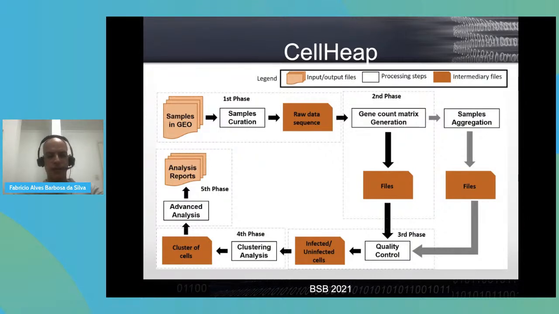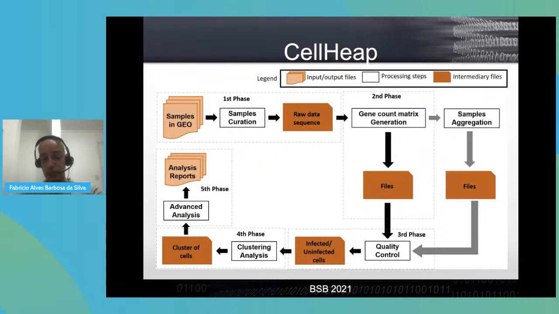For the fourth phase, you have the clustering, analysis, and cell type identification. The idea here is to cluster the cells and then to associate each cluster to a cell type using gene markers. And finally, you have the advanced analysis phase. In this phase, you can do, for instance, both gene level and cell level analysis.